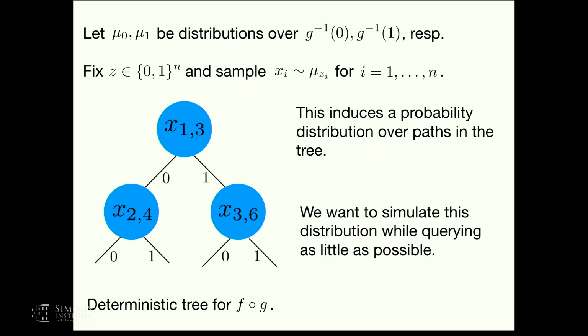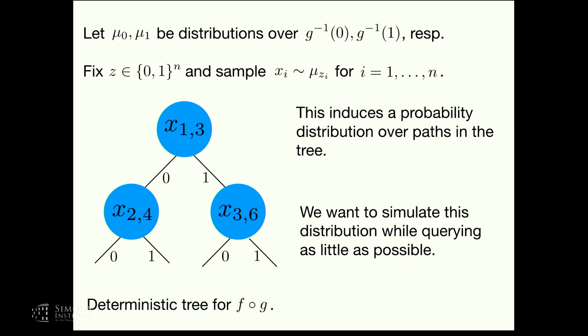So let me describe this in a little more detail with a picture. Imagine that this is a deterministic tree for F composed with G. In designing our algorithm, we're going to use the minimax theorem and design a deterministic algorithm that works for a particular distribution. So this is the top part of our tree. What I want you to think about is the probabilities of going left and right under the following process.